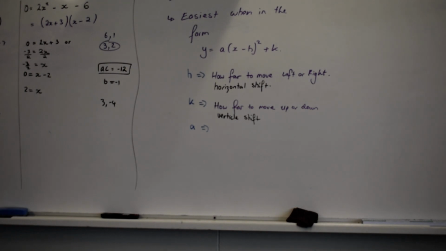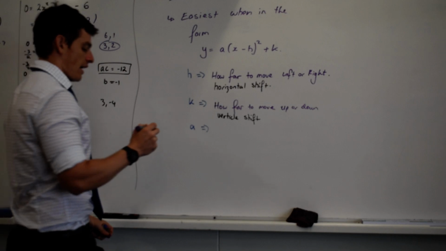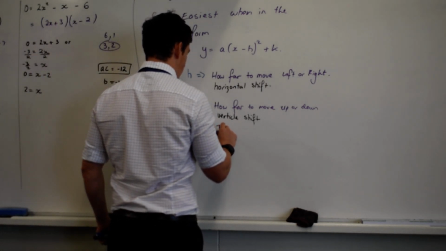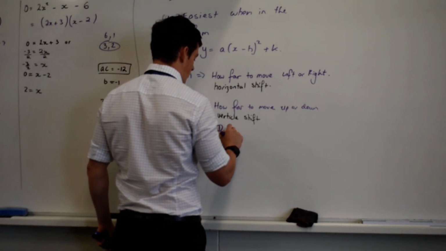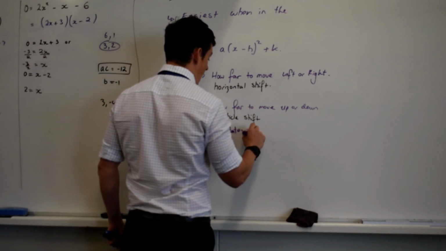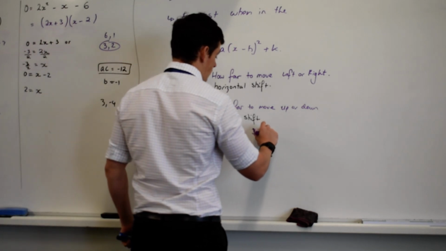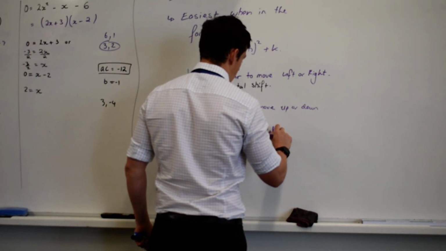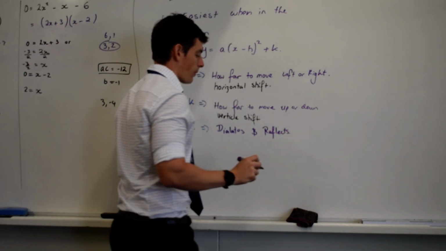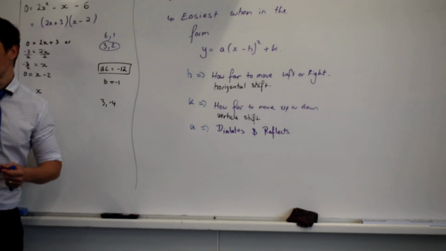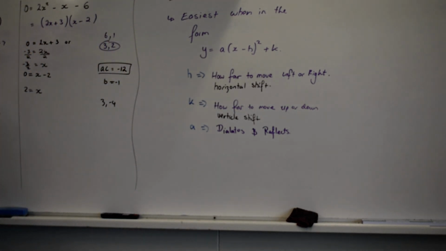And the last value, A. What does the A value do? A dilates and does something else. Reflects. Now we're going to talk about the situation in which x is negative.